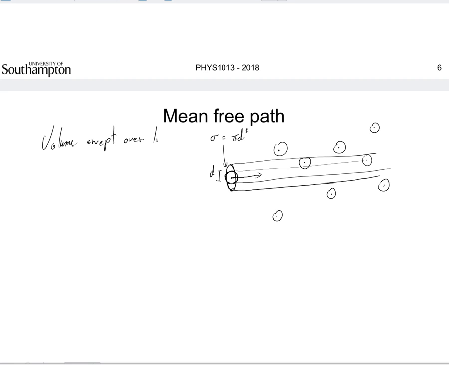over time t. Well, it's this pi d squared times the velocity of this particle times the time t, right? And then we can ask what is the number of particles, or molecules, in this volume.